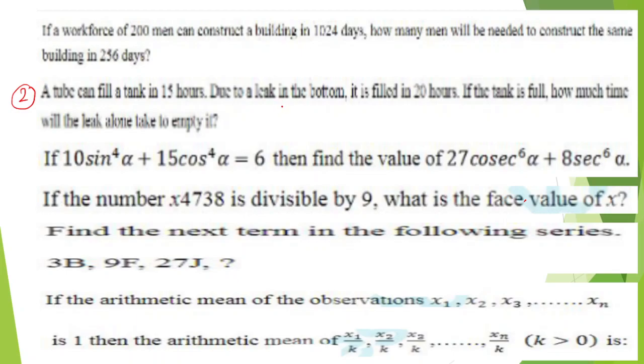One is the inlet pipe, the second is the outlet pipe. Inlet means the pipe that fills the cistern. Outlet means the pipe that exits water from the cistern.